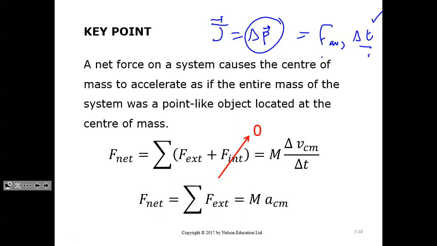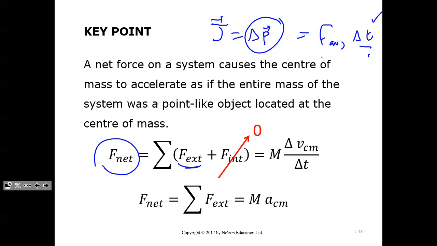Or sometimes the average force will be given to you and you'll be asked to find the other things. So here, I want to evaluate the net force acting on an object. I can group the net force as the external forces, external to the system.